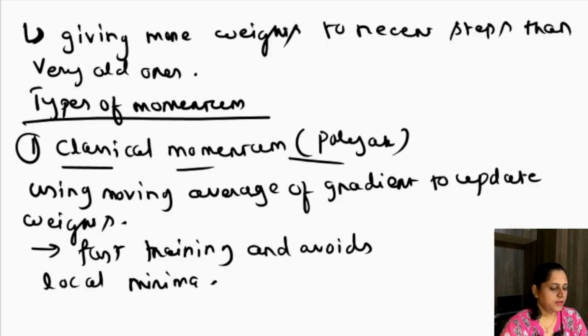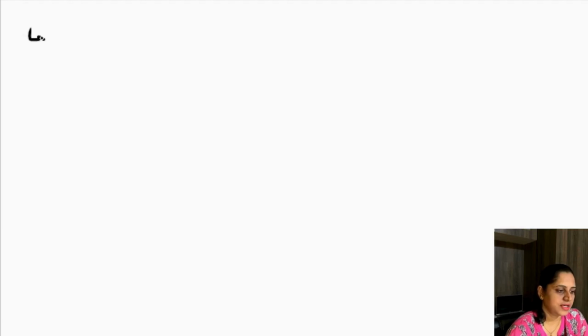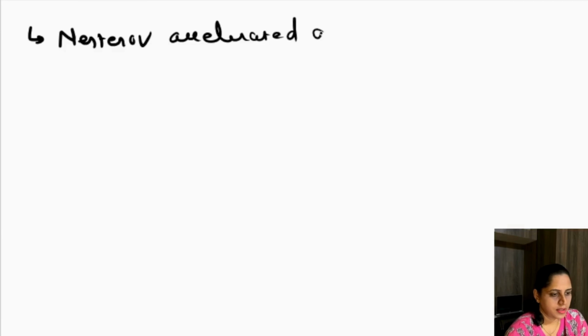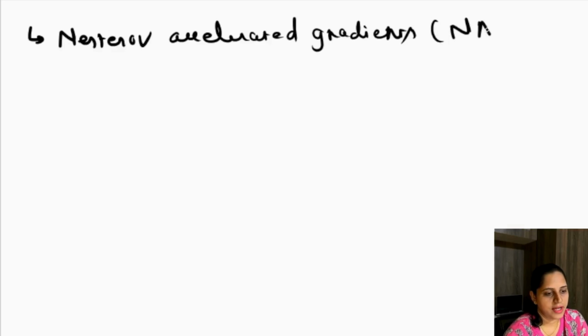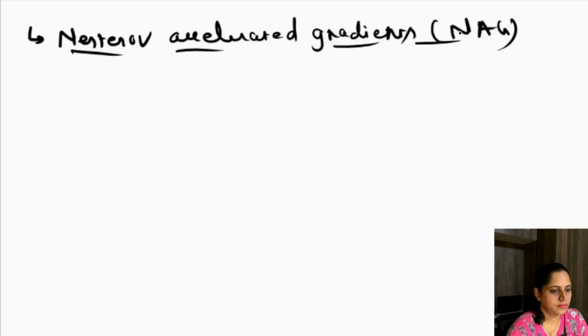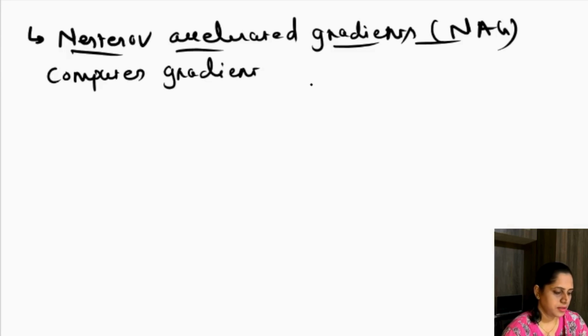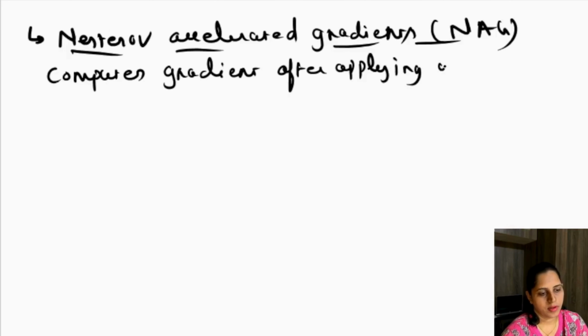Correct? Now we have another one which we have understood, right? It's Nesterov accelerated gradient, which is called NAG. So we all know what it does. It computes the gradient after applying the current velocity.